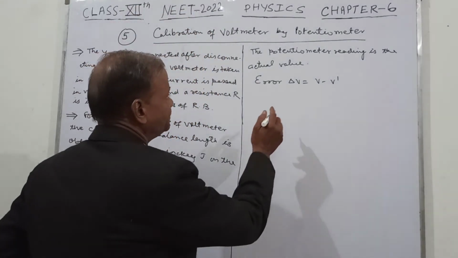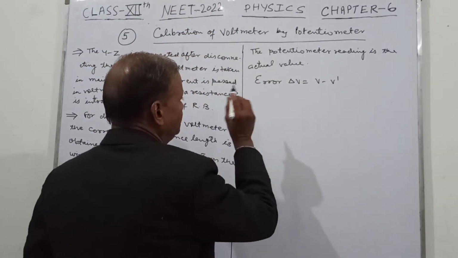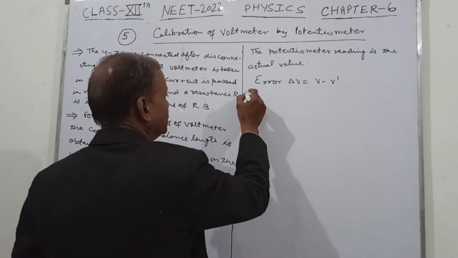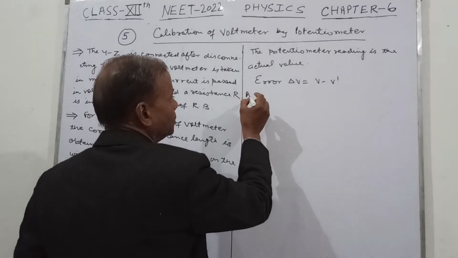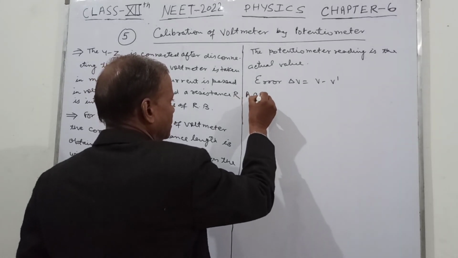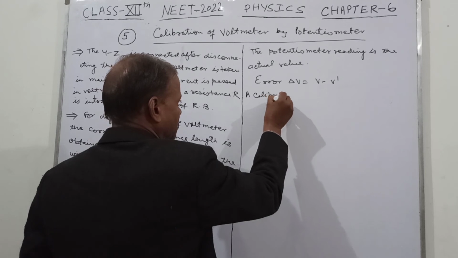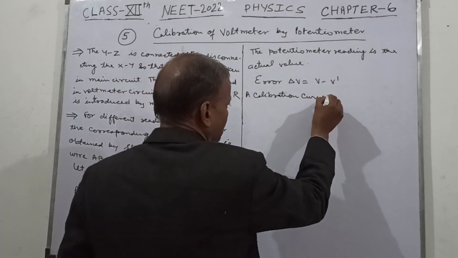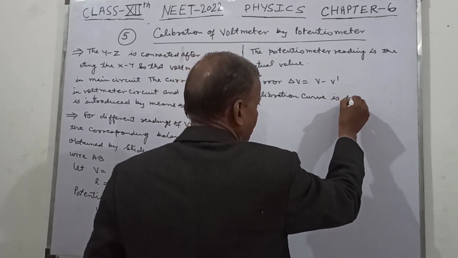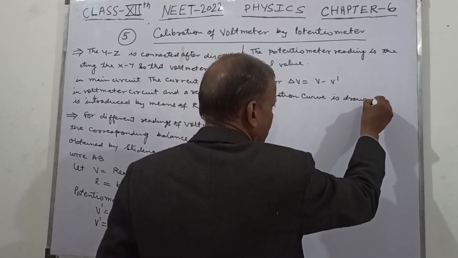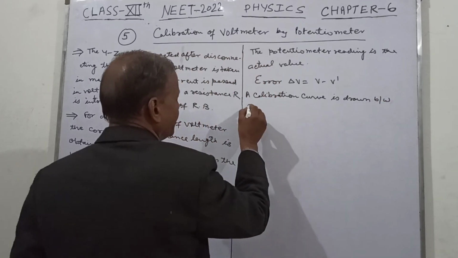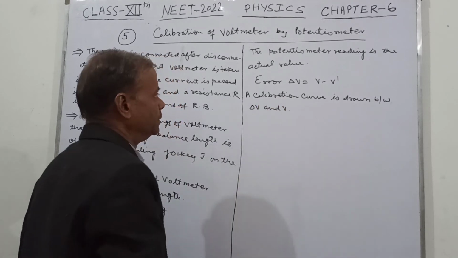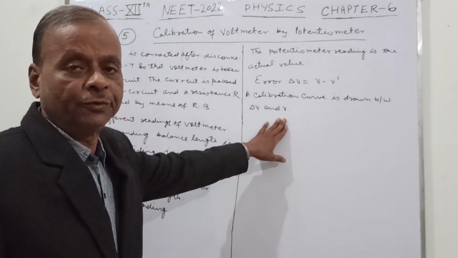So a calibration curve is drawn between delta V and V, the error and the voltmeter reading.